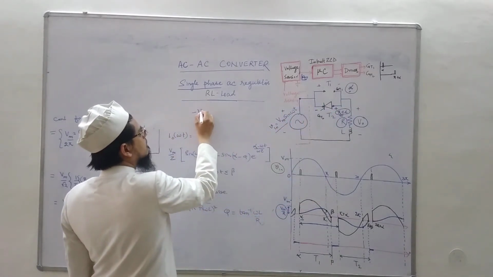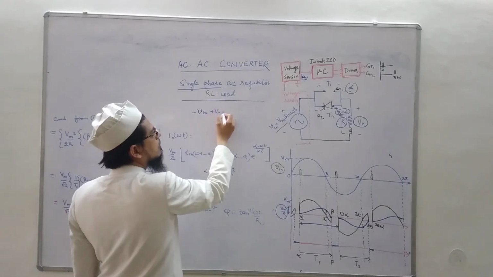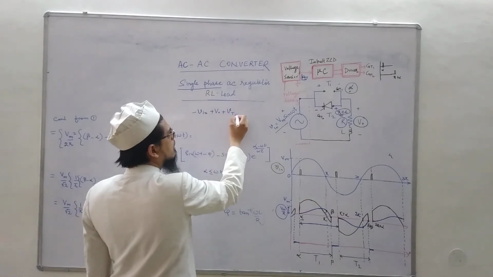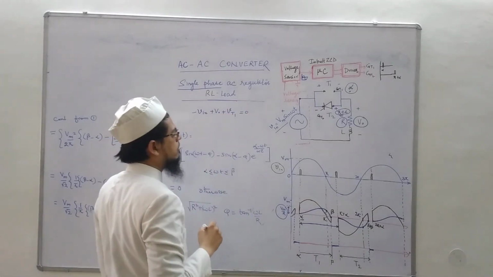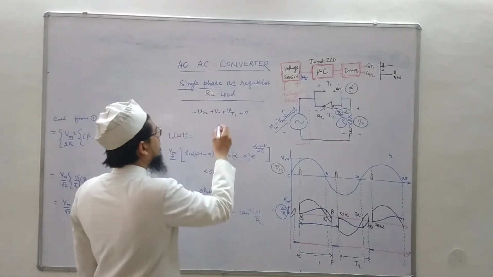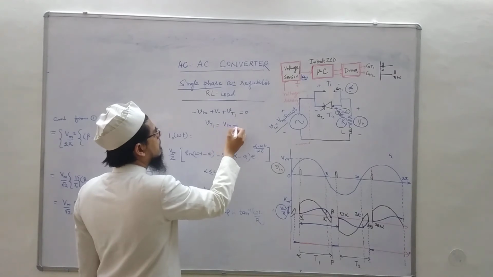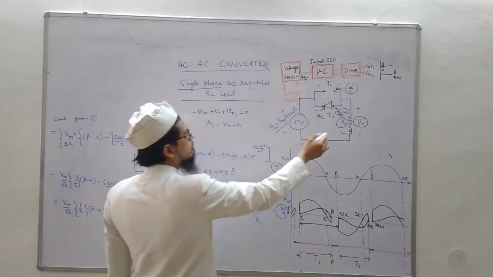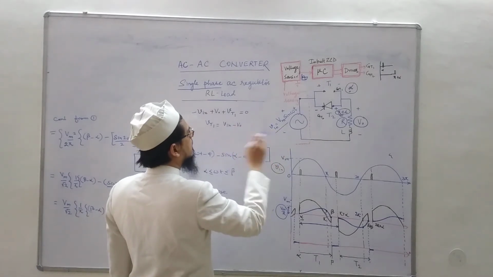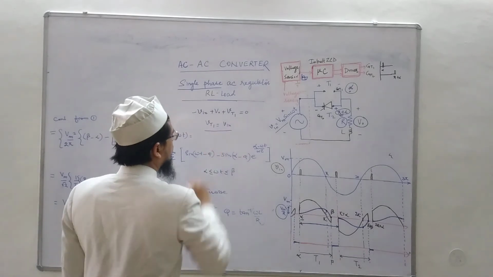So minus Vin plus VO plus VT1 will be equal to 0. So VT1 will be equal to Vin minus VO, and since no current is flowing through the output when T1 is not conducting, VO is 0. So VT1 is equal to Vin.